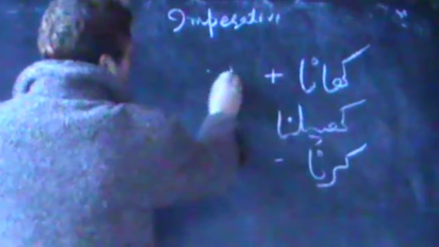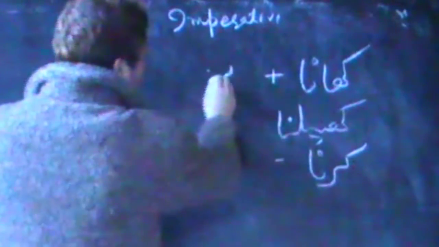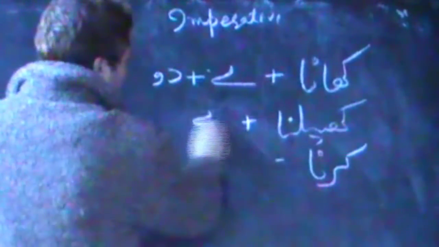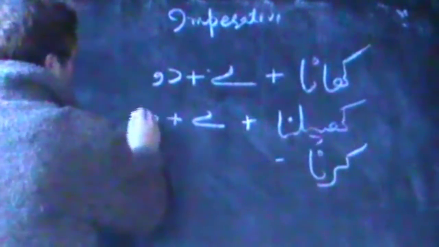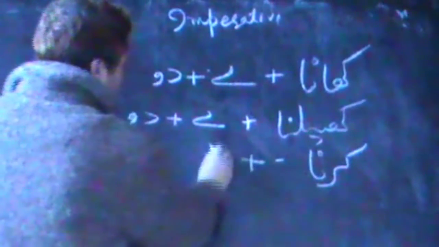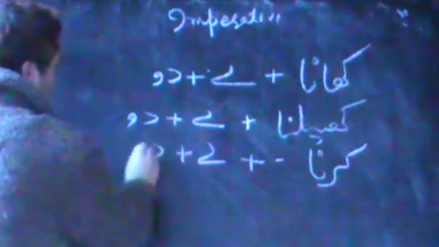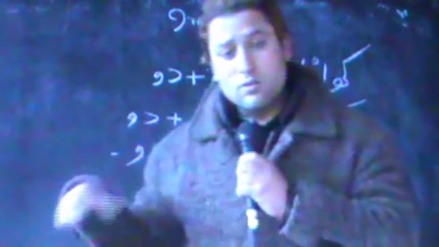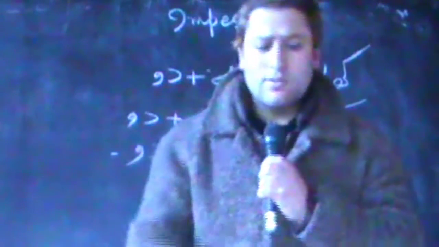So if you have ye and do, we'll see how it works here, and the same with ye and do. Now we'll see what you have to leave and what you have to add.